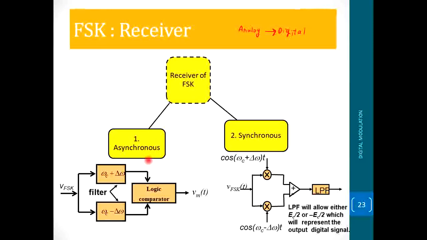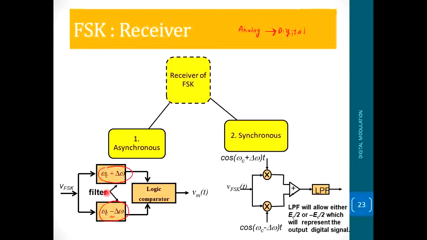For the asynchronous method, it will use two filters and a logic comparator. This type of receiver uses two filters tuned to two different frequencies. The first one is omega C plus delta omega, and the second one is omega C minus delta omega.